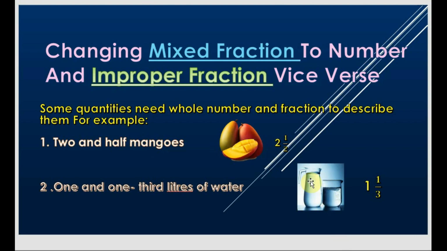Or when you are referring to water inside a jar that has been measured in liters, we can express this as 1 1/3 liters of water, which means one whole number and 1/3. But for the mangoes, which we have as 2.5 mangoes, that is also referred to as 2 whole number 1/2.